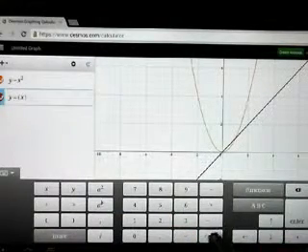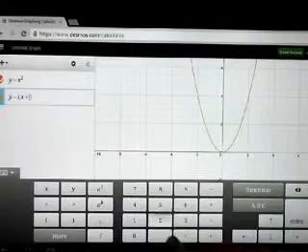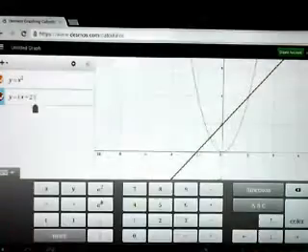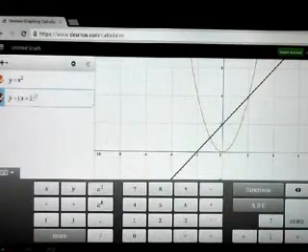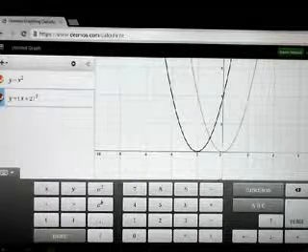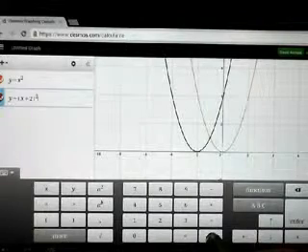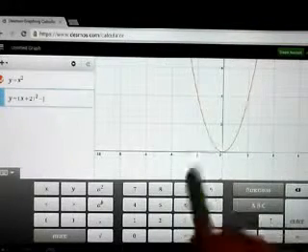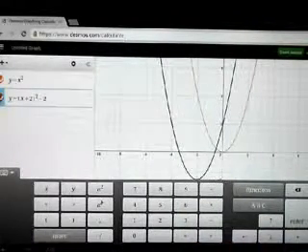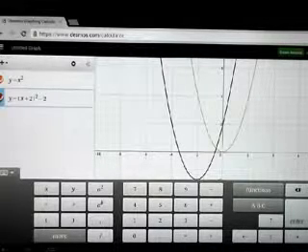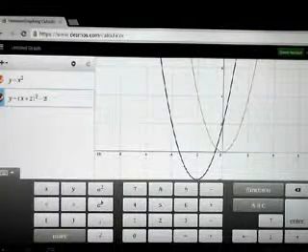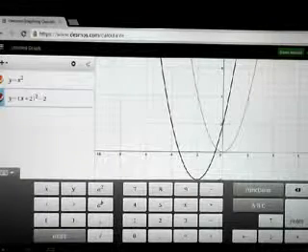And then put in a minus 2. So it should go to the left 2, shouldn't it? And drop down 2 because of the negative 2 that's outside of that. Okay?